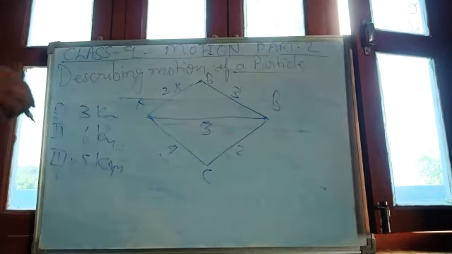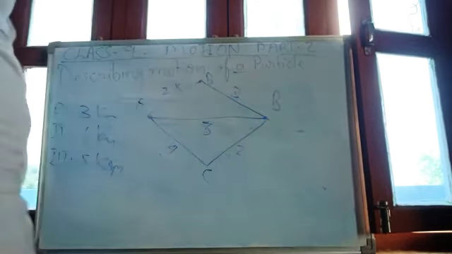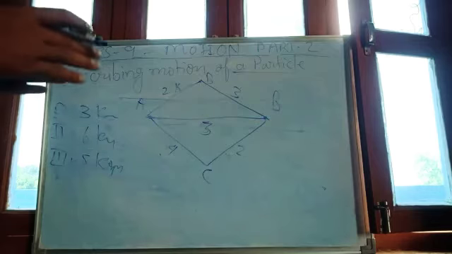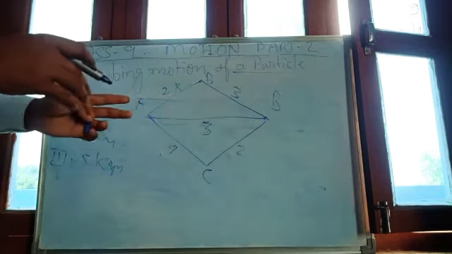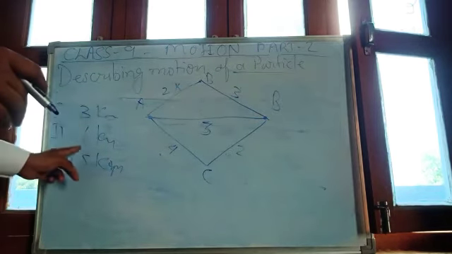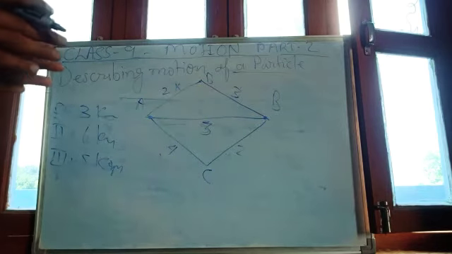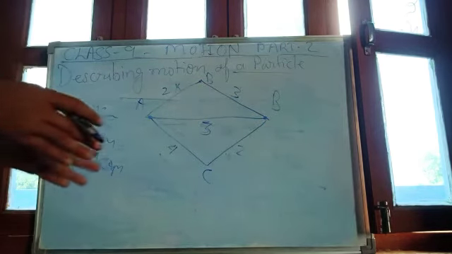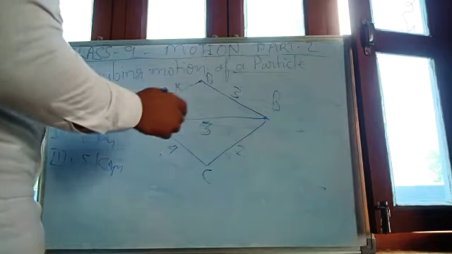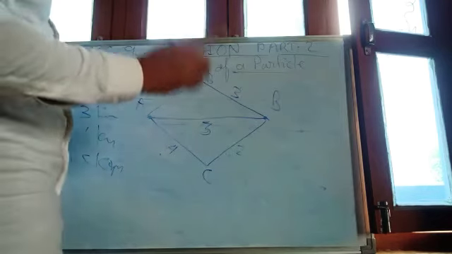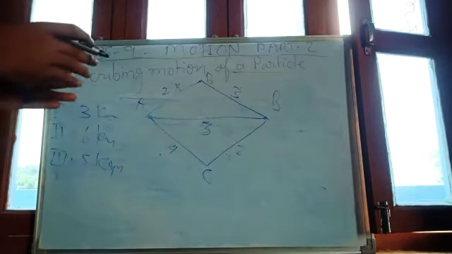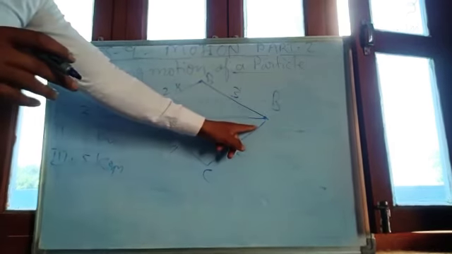I just want to tell you that however the distances covered by the persons are different, 3, 6, 5, the displacement of these different people will be only 3 kilometer, because as I told you, displacement only sees the distance between the initial and final position.